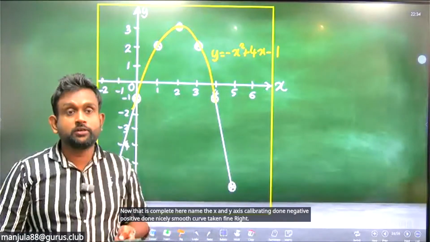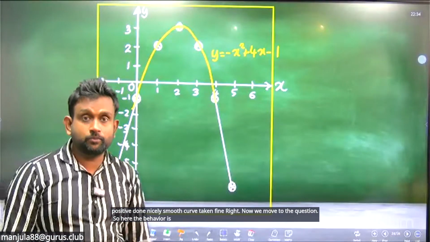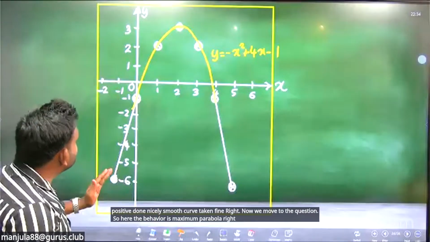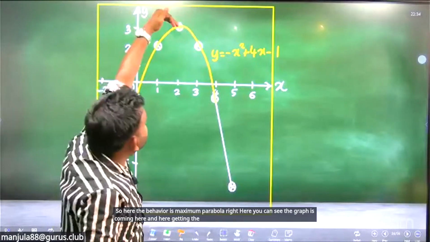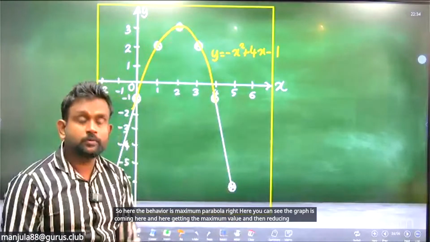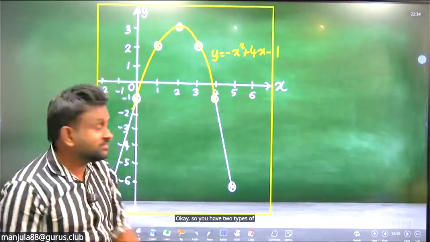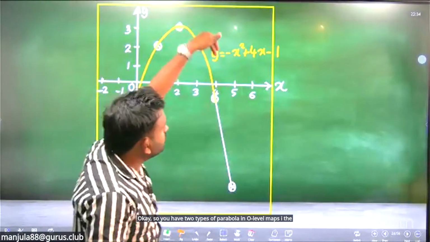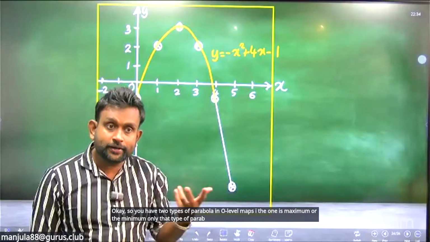Now we move to the question. So here the behavior is a maximum parabola. Here you can see the graph is coming up and here getting the maximum value and then reducing. So you have two types of parabola in O-level maths, either maximum or minimum. Only those types of parabola are there for the quadratic function.